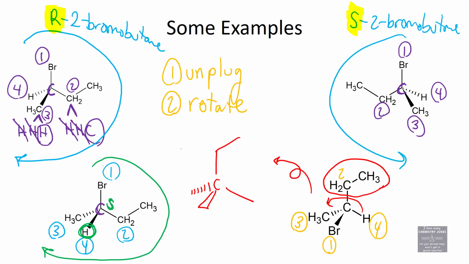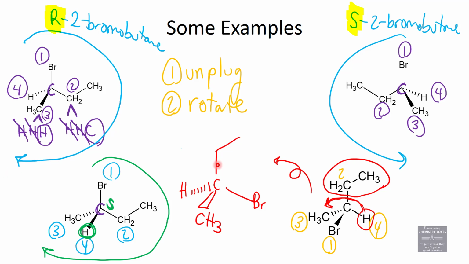Okay, so I hold on to my ethyl. My ethyl stays up top. And I'm going to push my hydrogen around so that my hydrogen goes to behind the plane over there. That's going to force my bromine to be in the plane over here. That's going to force my methyl to come out of the plane up front.